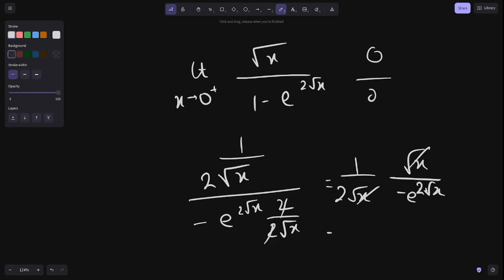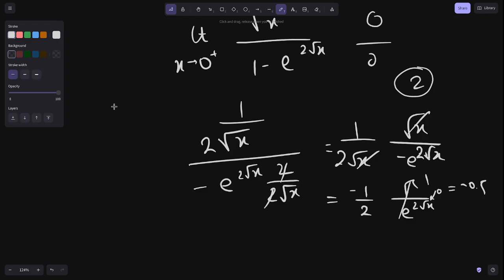This gets cancelled, half. So 1 minus half into 1 by e to the power 2 root x. Now put the value of x as 0, then this becomes 1, right? So the answer is minus 0.5. Let me check if this is the answer. Yeah, this is the answer. So again, a 2 marks question in GATE. I'm not even kidding. This is how easy the sum is.